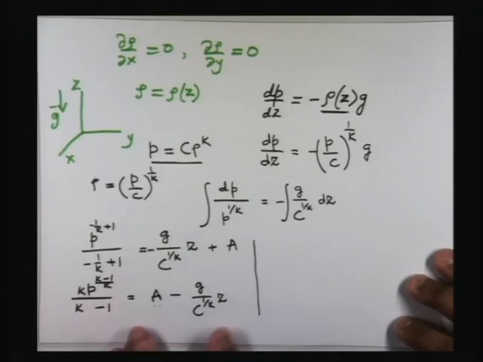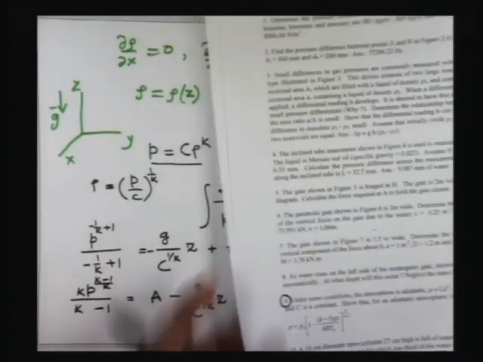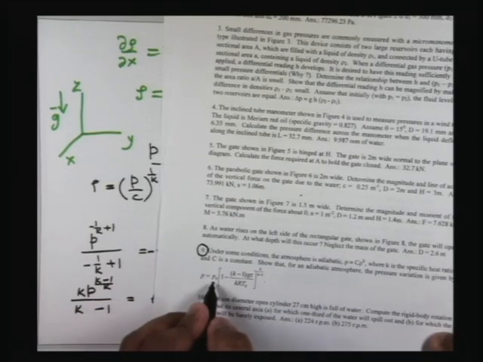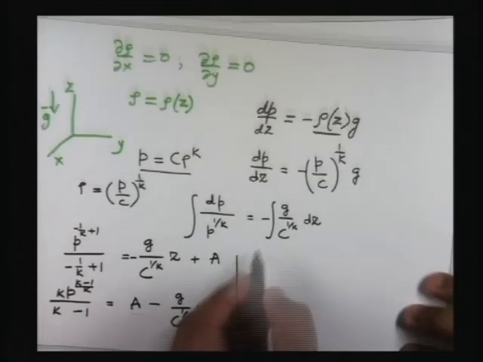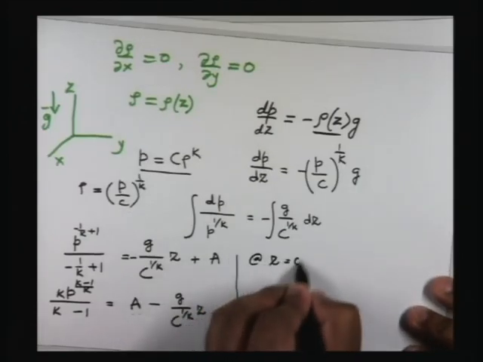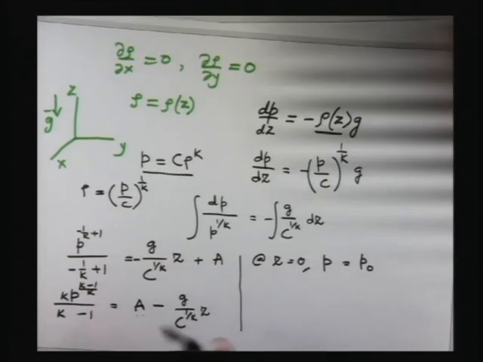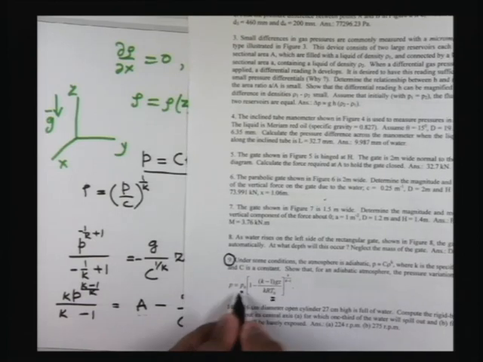As the boundary condition, we look at the problem, and we can see that there is some pressure P naught given here. This P naught is nothing but the atmospheric pressure at sea level, that is at z equal to 0. So we'll assume that at z equal to 0, P is known, which is nothing but P naught, and we'll also assume that temperature is known, which is T naught. So you can see P naught and T naught both are given.